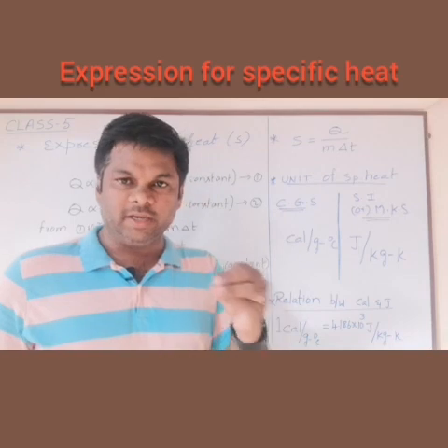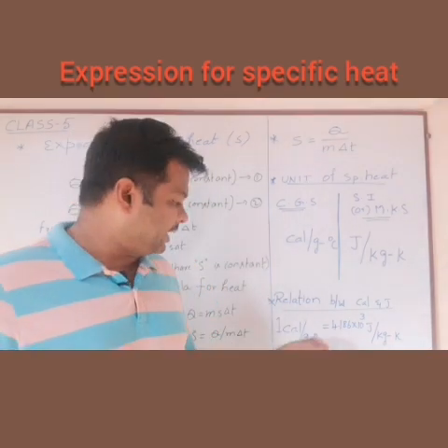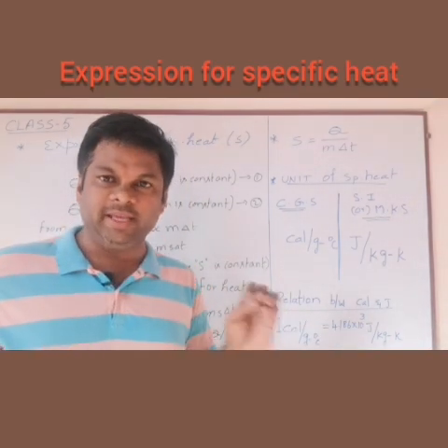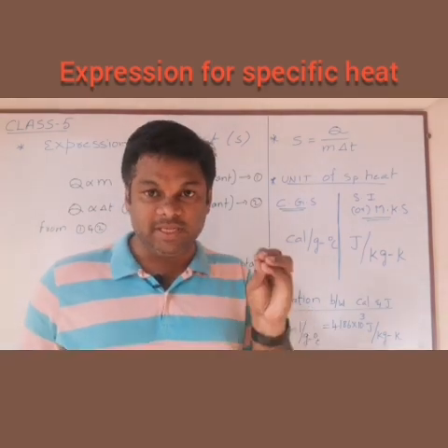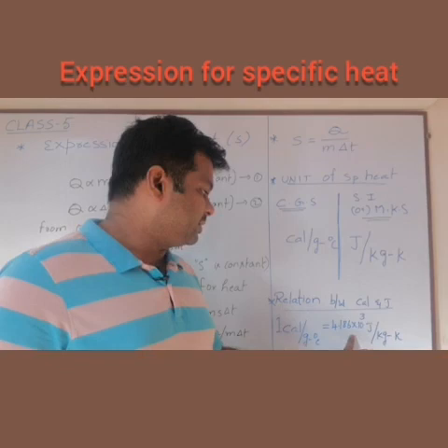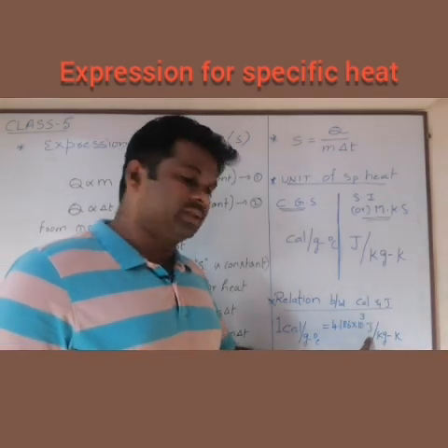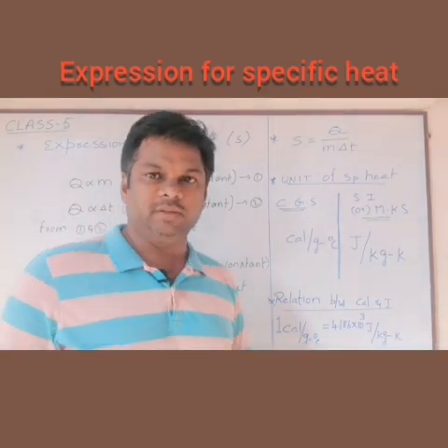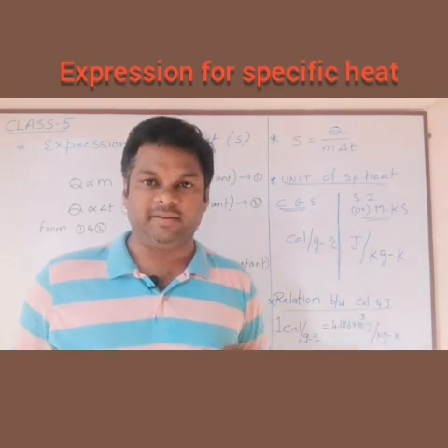So, whenever you are supplying 1 calorie of heat to any mass of the substance, it means that 4.186 into 10 to the power of 3 joules per kg Kelvin heat is supplied.